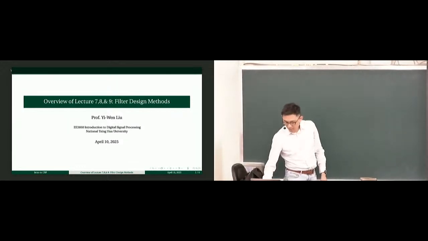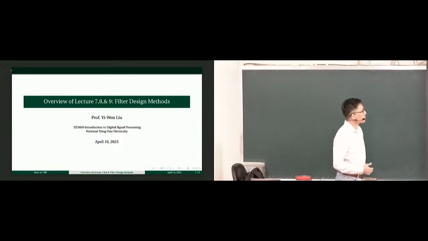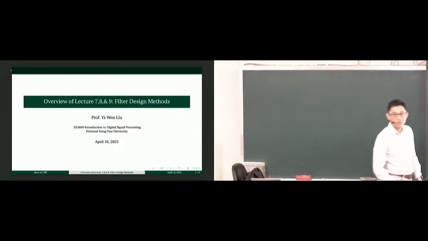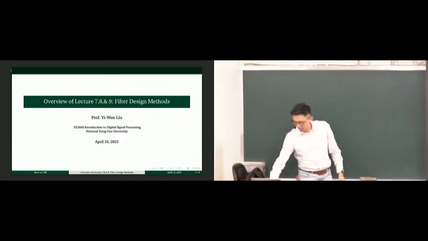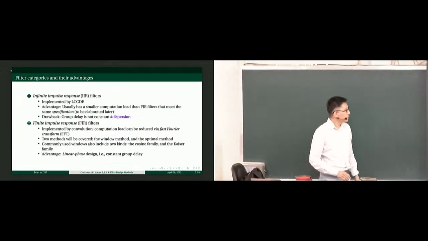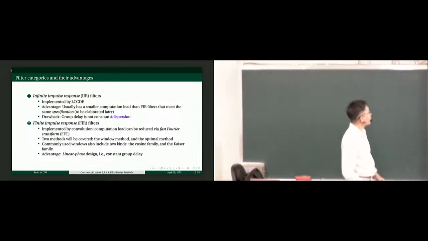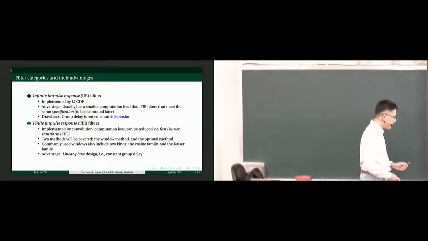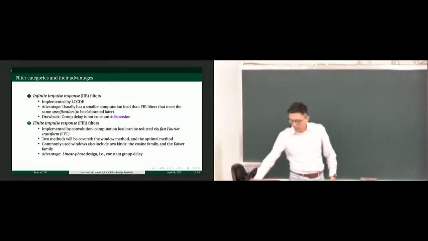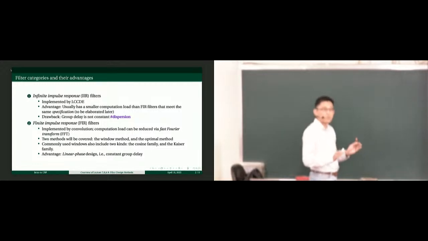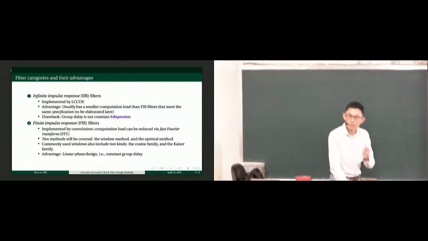All right. So, overview of lectures 7, 8, and 9: filter design methods. Let's go slowly through some of the categories of filters and filter design methods. To be exact, I didn't mention it, but sooner or later you realize that when we say filter, that means multiplication in the frequency domain.